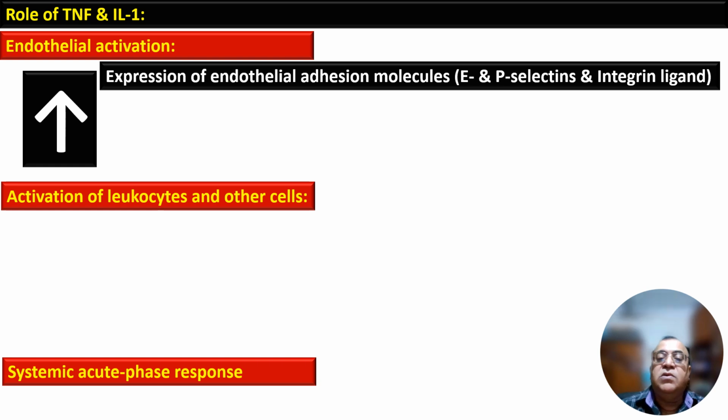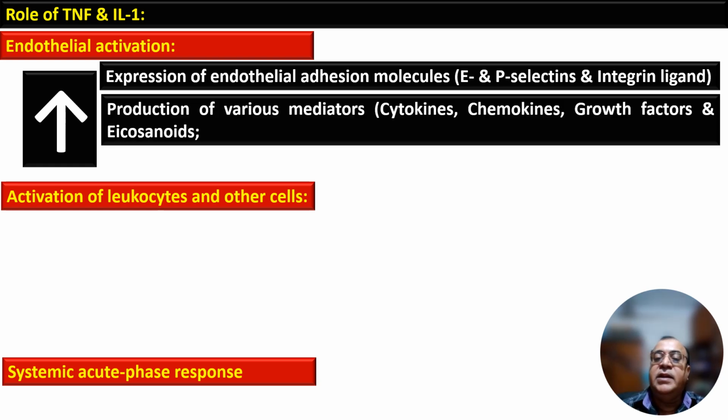So expression of adhesion molecules is increased by TNF and interleukin 1. These adhesion molecules, such as E and P selectins, are expressed on the endothelial cell, and they are responsible for adhesion, and integrin ligands are also expressed more.